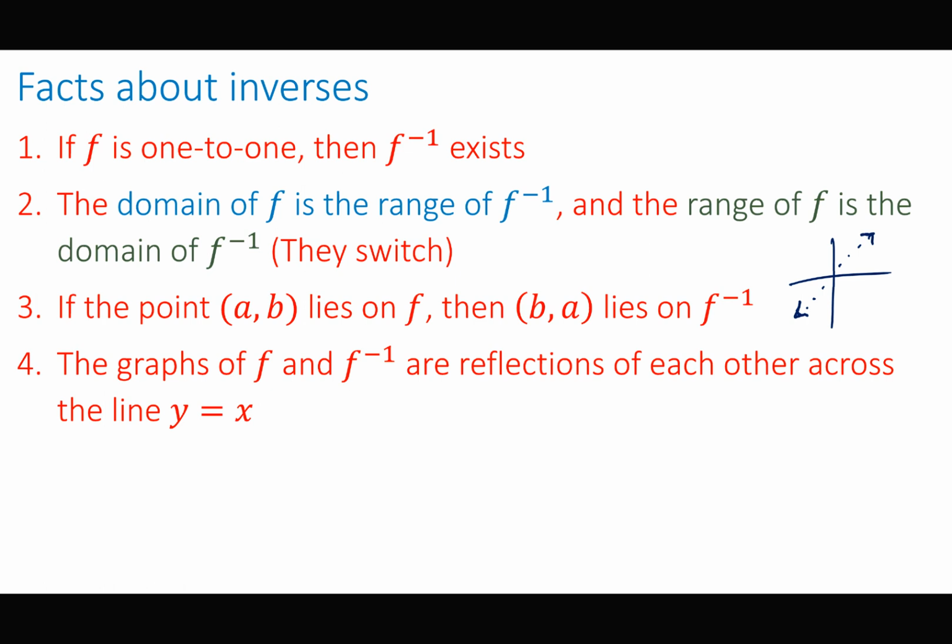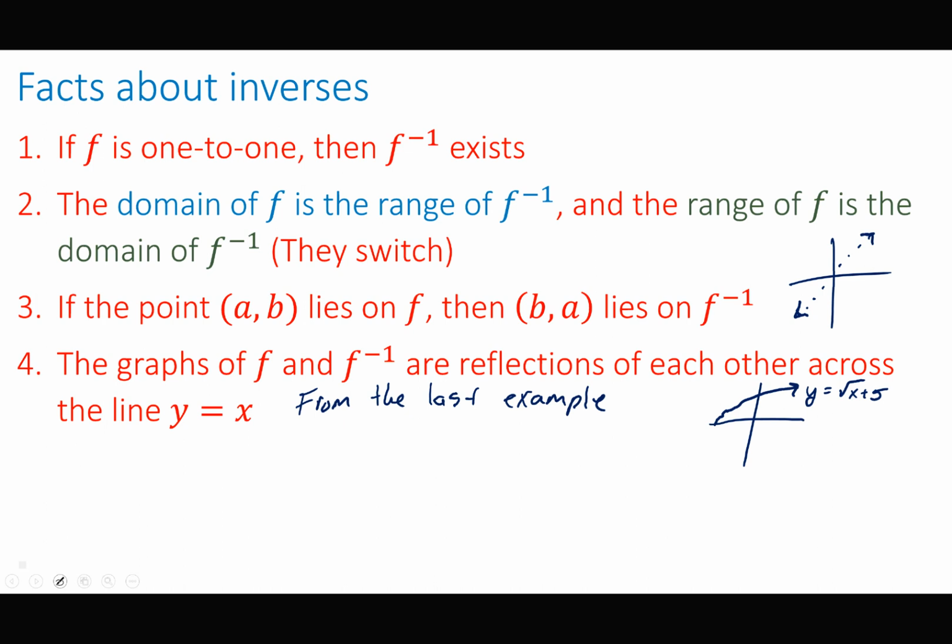Right there, step number 4. The graphs of f and f inverse are reflections of each other across the line y equals x. And this ties in on the last example, when we said y equals square root of x plus 5.